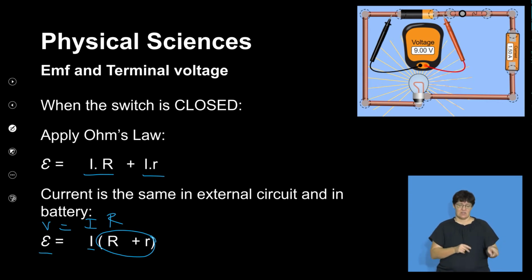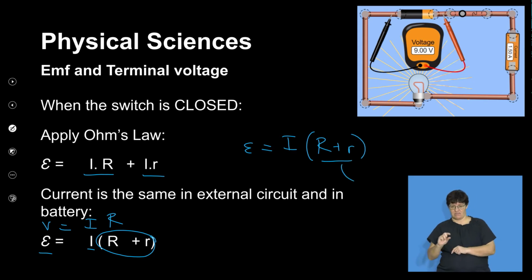So we're still applying Ohm's law when we say E is equal to I(R plus r). This is actually the resistance of the circuit, both of the battery as well as the external circuit, in this case the bulb, right?